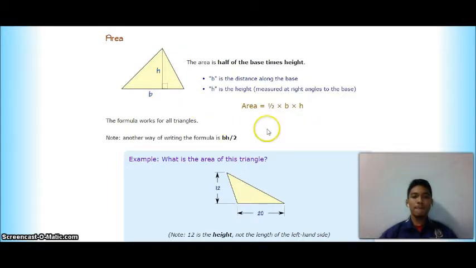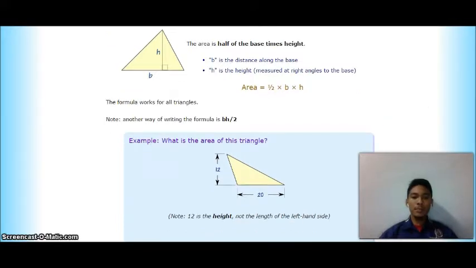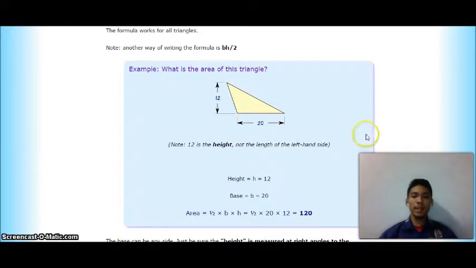So if you want to see clearly, you can see half times base times height. For example, what is the area of this triangle? How do you calculate it? As you can see, this is the base of the triangle.